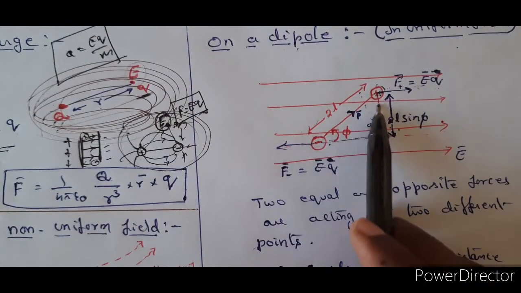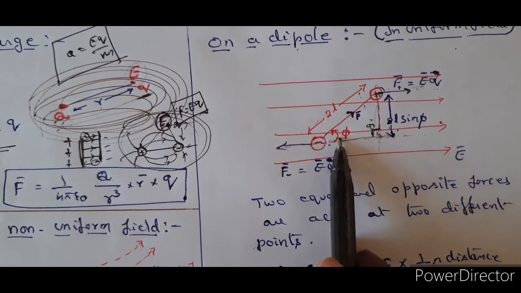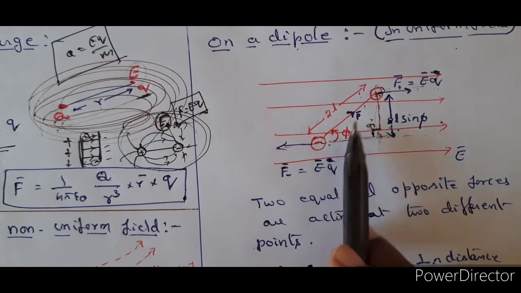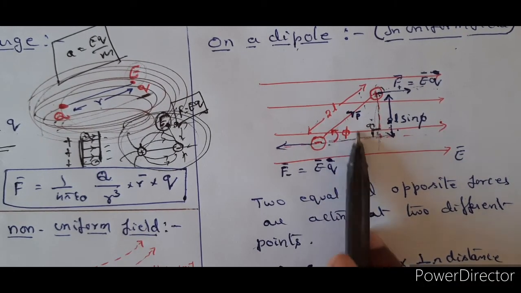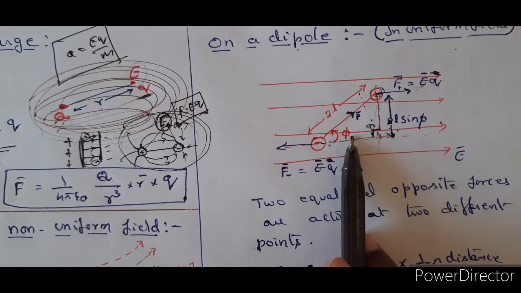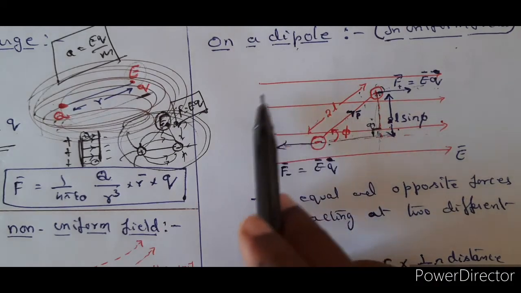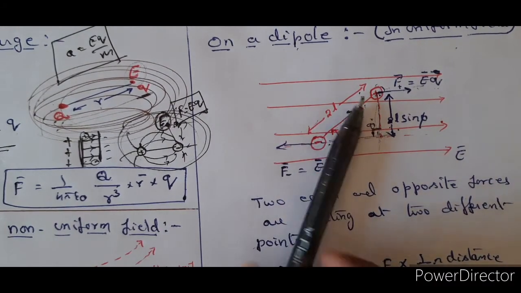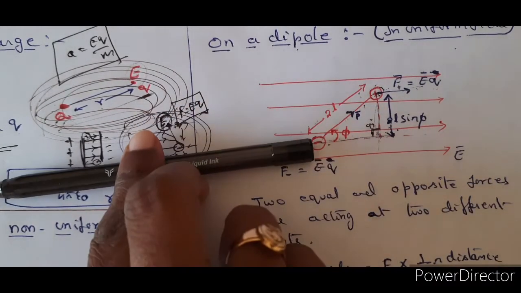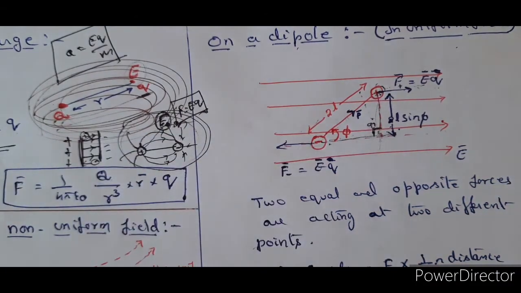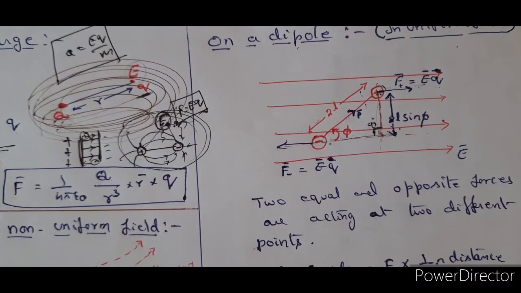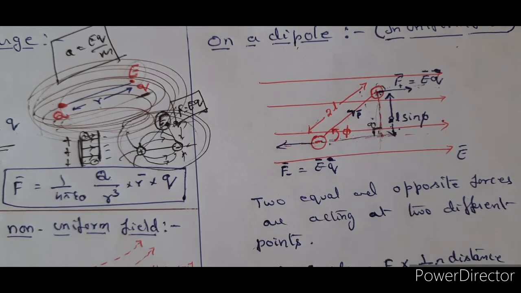P bar is making an angle of phi with E bar. Now when this is 0, P bar and E bar are collinear. So then the couple is 0. Or else if P bar is anti-parallel, when the dipole is absolutely aligned like this, even at that moment, the couple or torque experienced is 0. That is minimum. Clear?